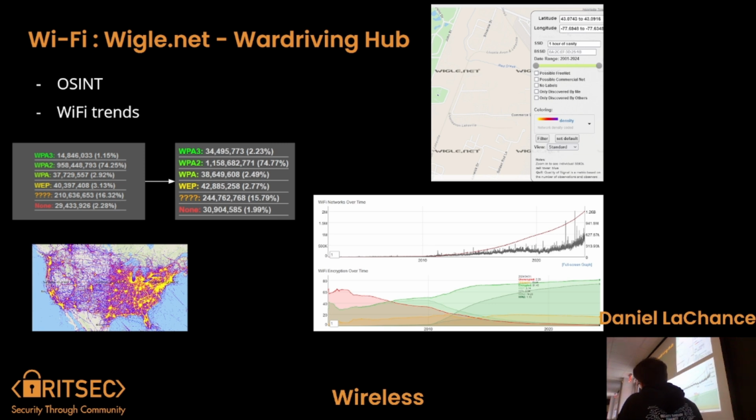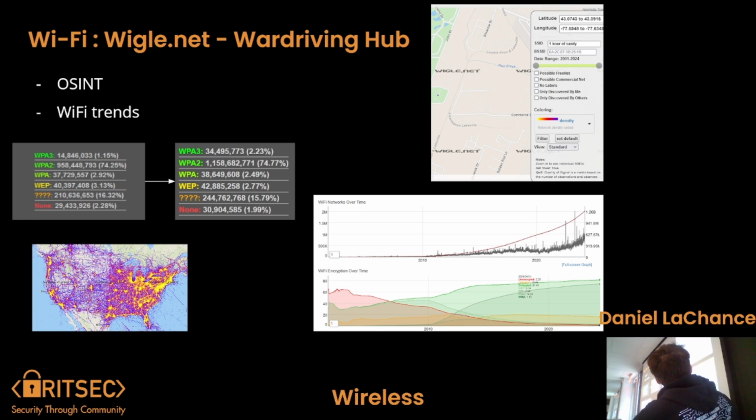And as you can see, between those two tables on the left, the one on the left was last year's, from Braden's presentation, and the one on the right is the one that I took a couple of days ago. So as you can see, more people are adopting WPA3, which is great. WPA2 really hasn't changed, and the share of WPA and WEP is going down, which you'll love to see.